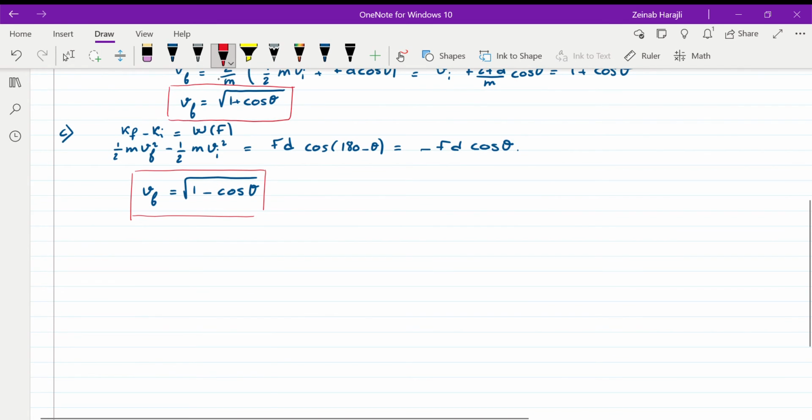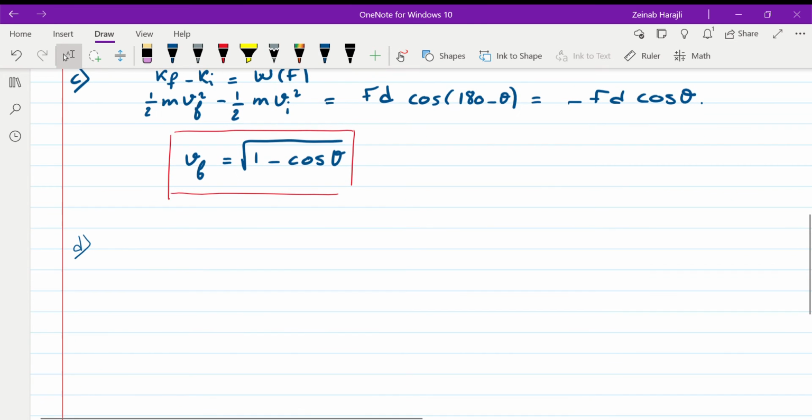Now, a very interesting thing to study here is to plot these expressions. So we can plot V final versus theta. So for different angles, what would V final look like?